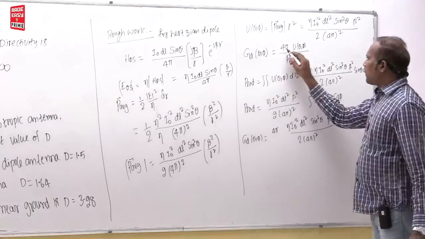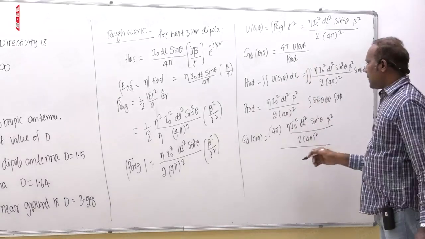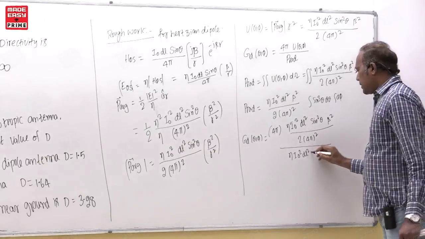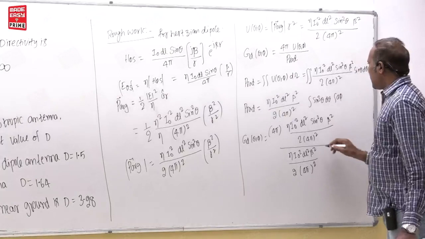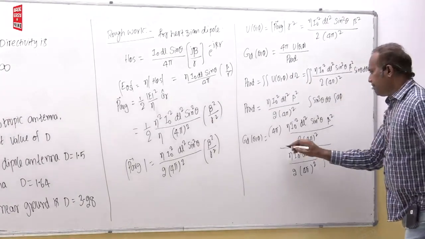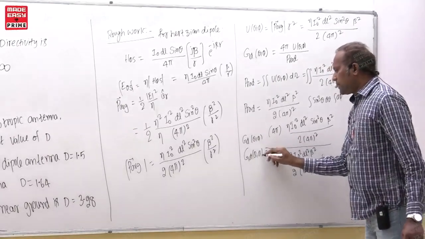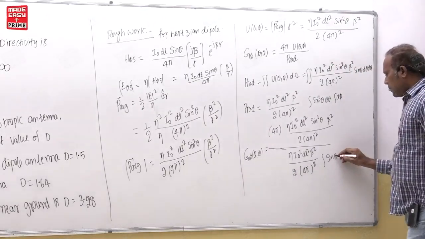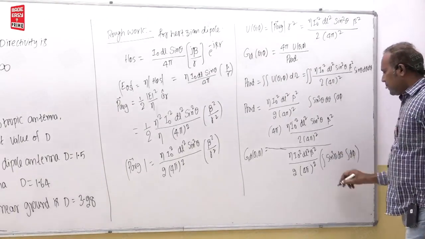Then what else is there? 4 pi into U(theta, phi) divided by the power radiated: eta I naught square dl square beta square, 2 into 4 pi whole square, and then the integral. This is equal to G_D of (theta, phi). Now the integral of sin cube theta d theta, integral d phi is there. Let it be like this.